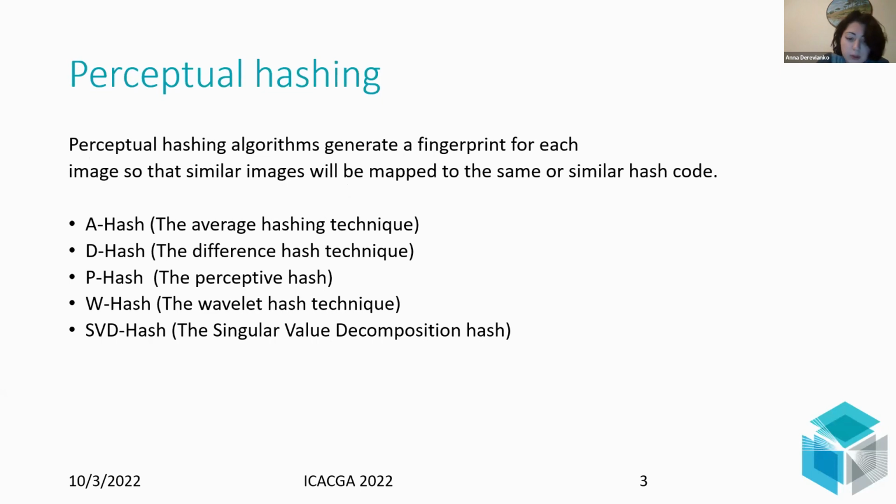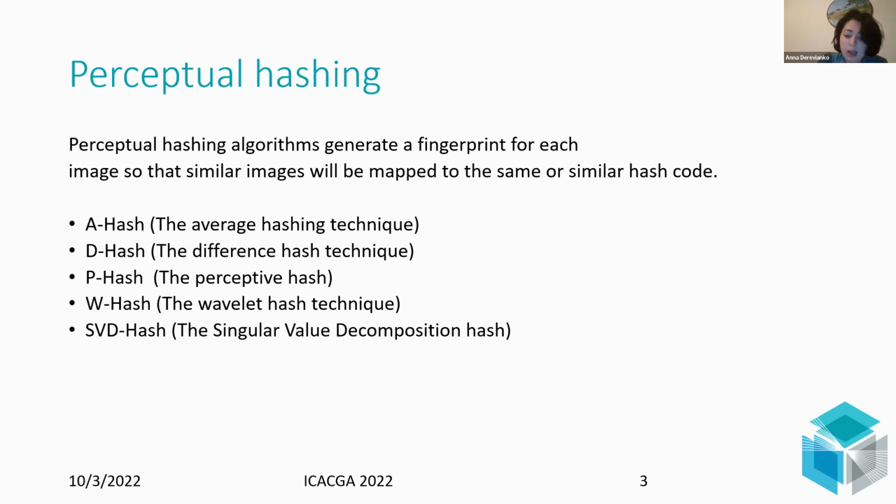The five most used, mostly known hashing techniques are the average hash technique, difference hash technique, perceptive hash, which we are going to use today, wavelet hash technique, and singular value decomposition hash. I will shortly discuss some main points.